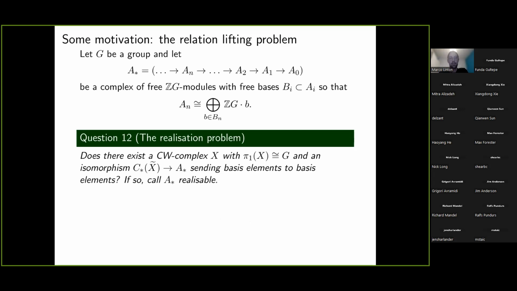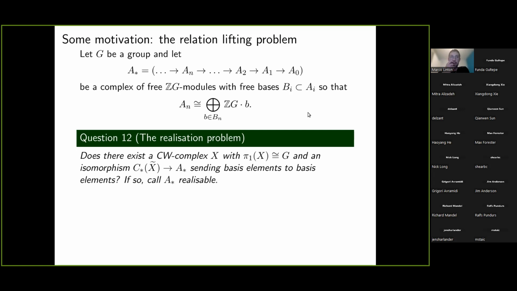Conversely, you could take an arbitrary chain complex of free ZG modules, called A star, and choose free bases in these free modules, so that the nth module is isomorphic to a free ZG module with basis coming from these Bn.